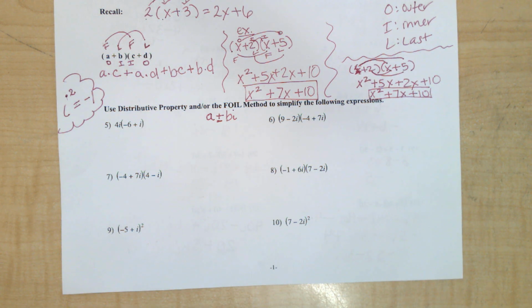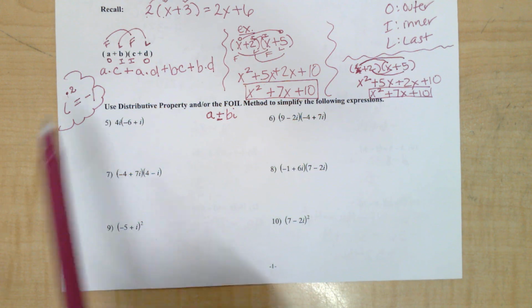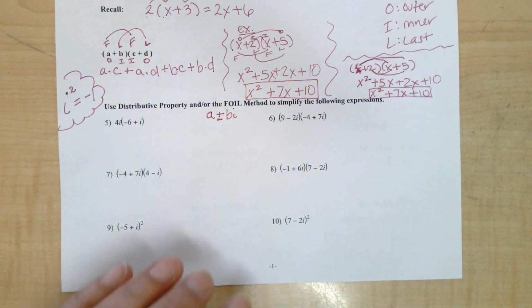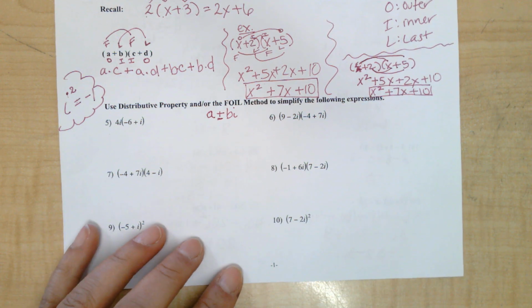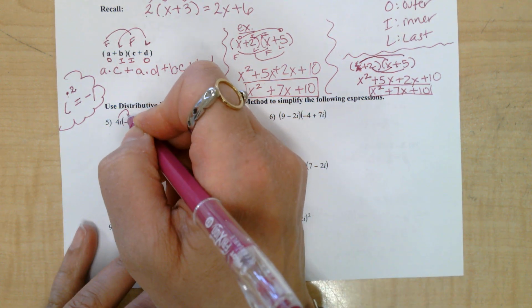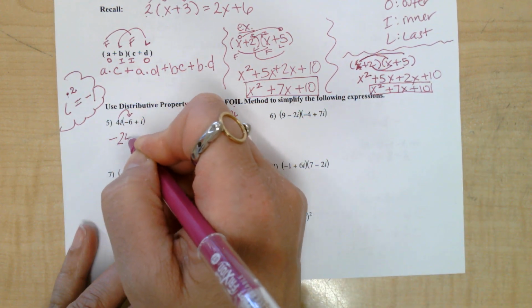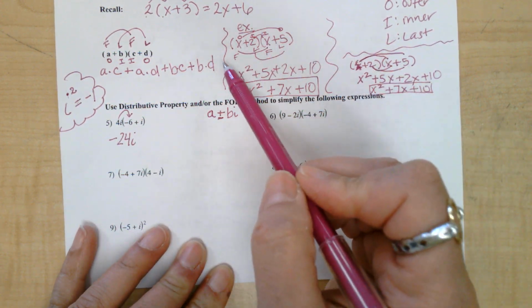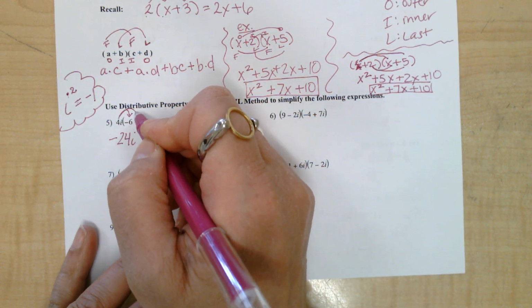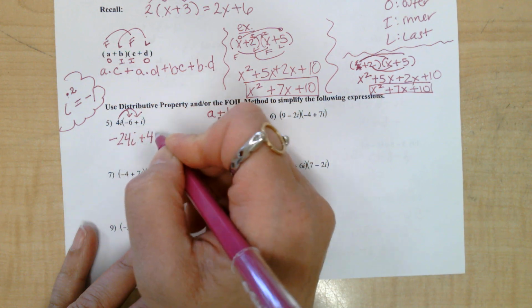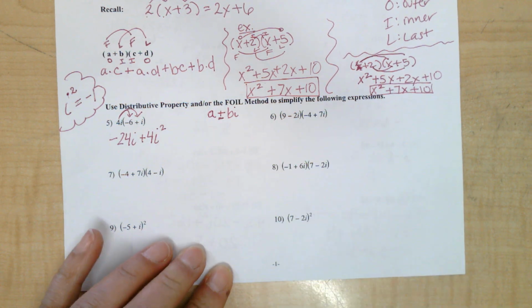So let's see what that looks like here. Okay, so we have 4i times a quantity -6 plus i. So let's use the distributive property. So 4i times -6 is -24i, just like we were doing above here. 4 times positive i is a positive 4i. i times i is i squared.